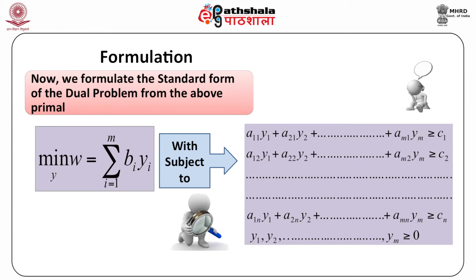The equations go on till a1n y1 plus a2n y2 plus going till amn ym greater than or equal to cn, where y1, y2 going till ym are greater than or equal to 0.